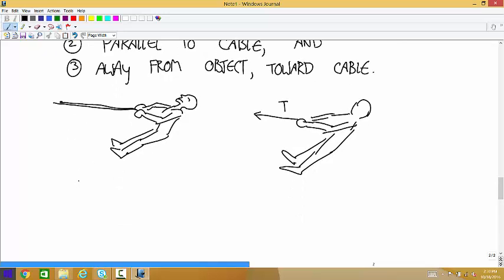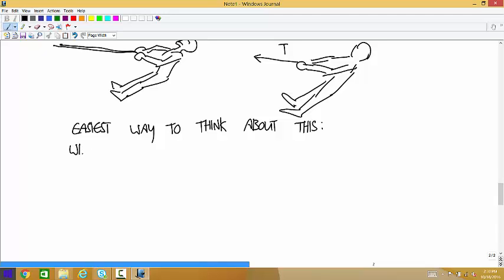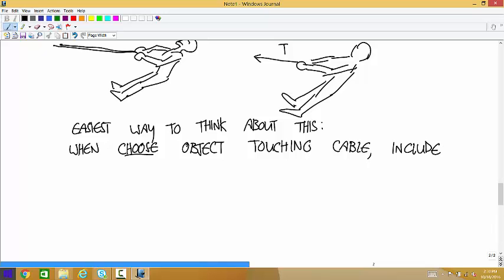The easiest way to think about this is, when you choose an object that touches a cable, include a small chunk, let's say like a stump of the cable, with the chosen object.